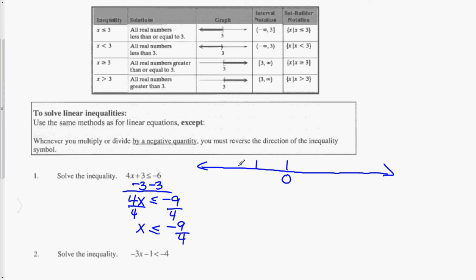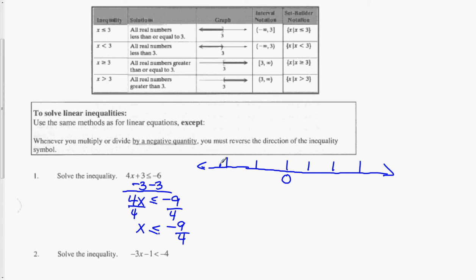Remember, negatives are moving down to the left, so I'm going to mark negative 2 1/4 right about there. I'm going to mark it with a line instead of a circle, and you'll see why in just a second.